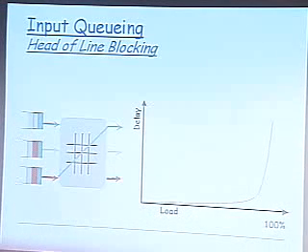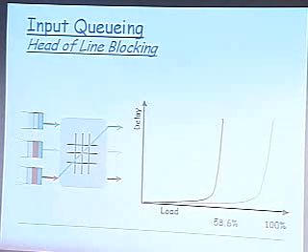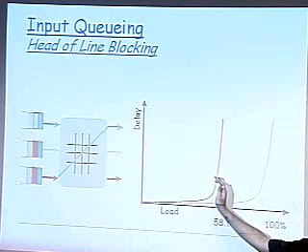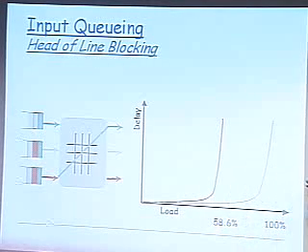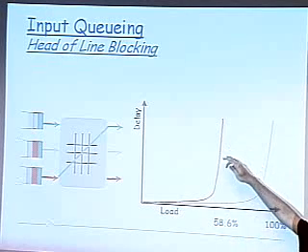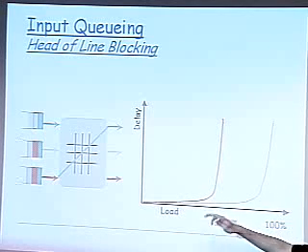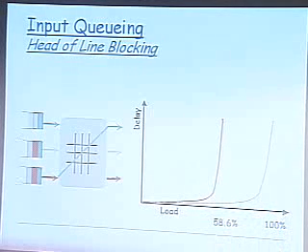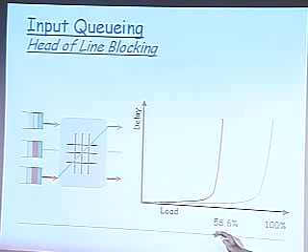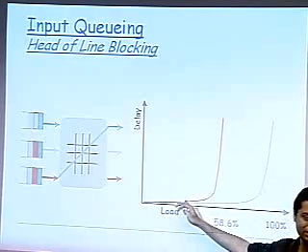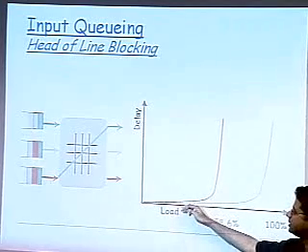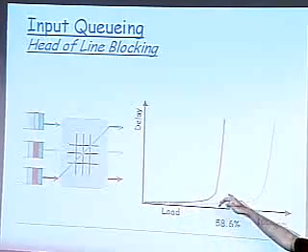Now, because of head of the line blocking, this curve shifts dramatically. Now, this blow up starts happening at roughly 60% of the capacity of the link. So if you have an input link which is 10 megabits per second, then as you approach half the capacity, your queuing delay will start to blow up.